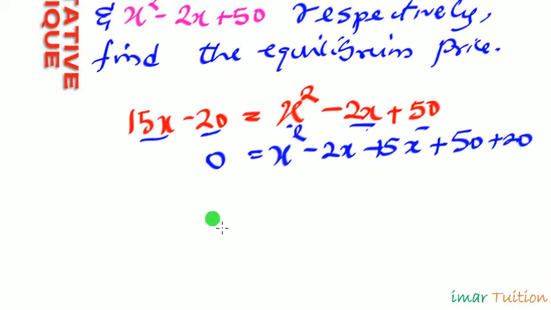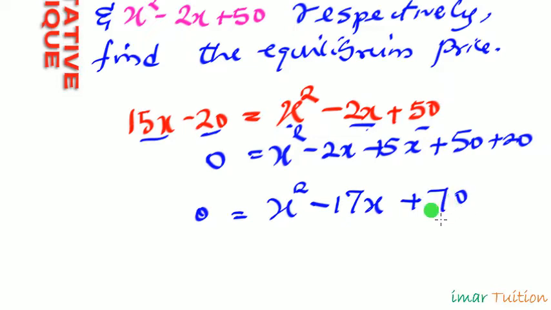So we'll have 0 equal to x squared minus 2x minus 15x, which gives you minus 17x. Then plus 50 plus 20 gives you plus 70.